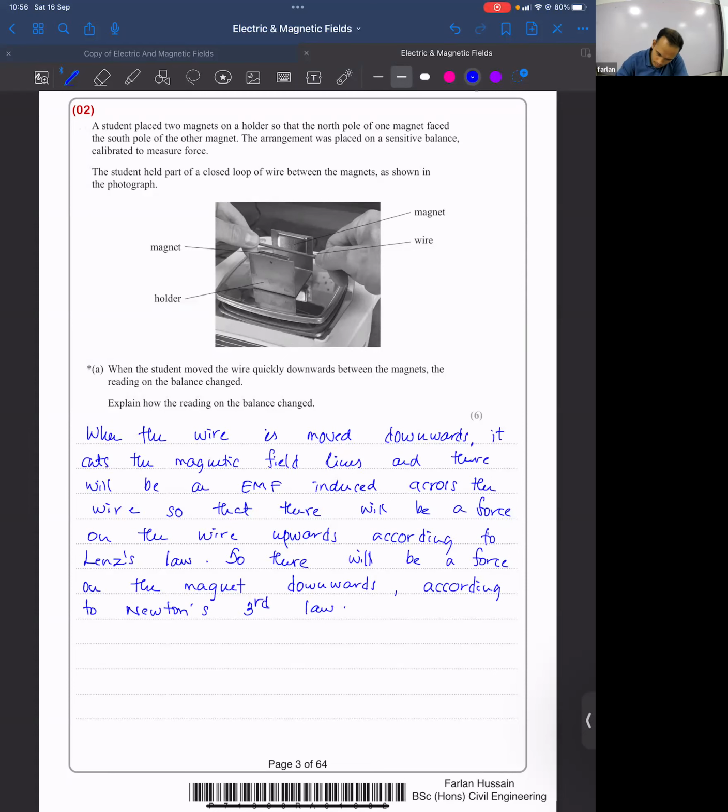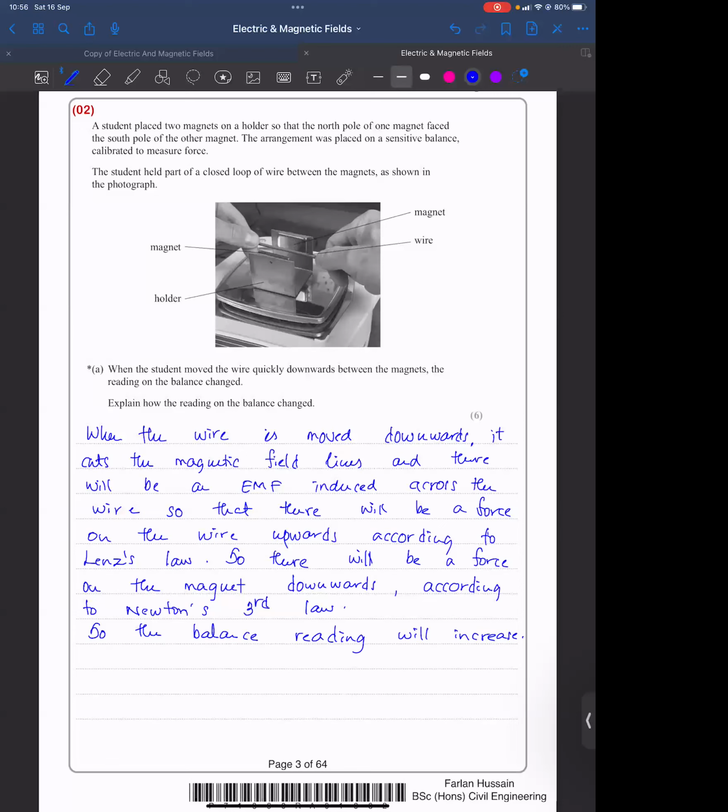Full stop. So the balance reading will increase.